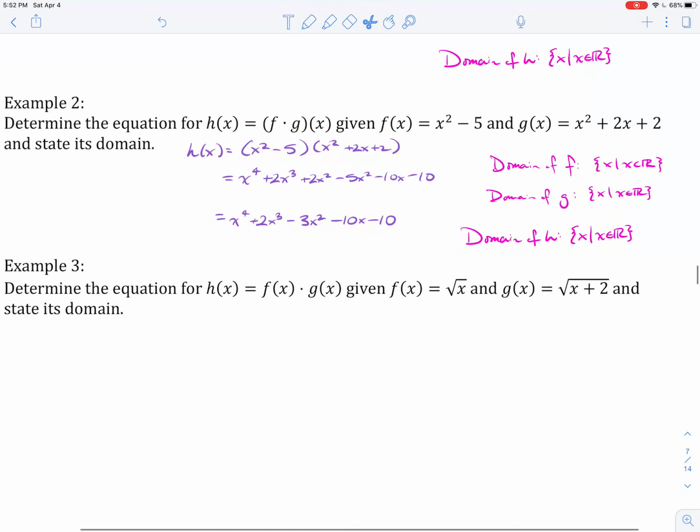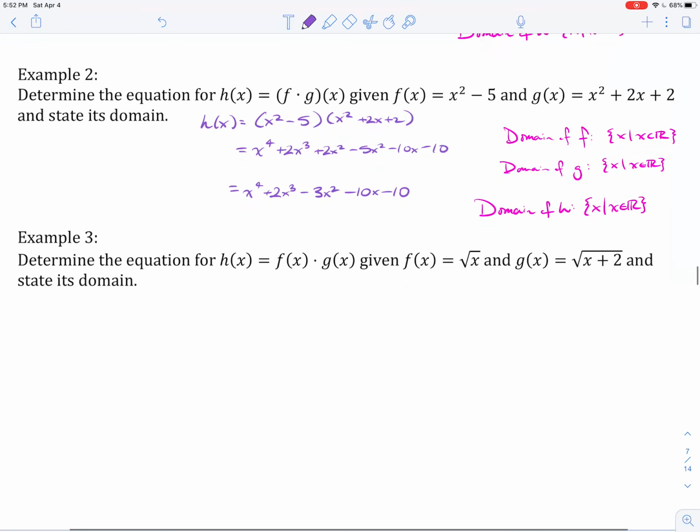And finally, this last example. Once again, taking the product. So f of x is the square root of x. g of x is the square root of x plus 2. We're multiplying those.